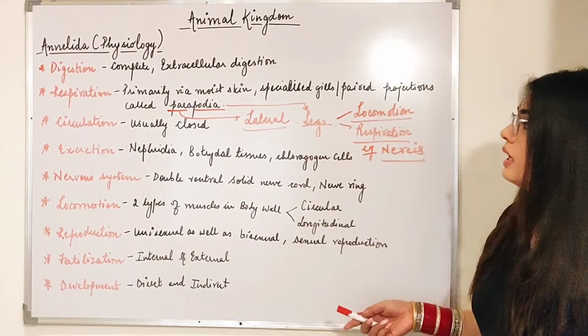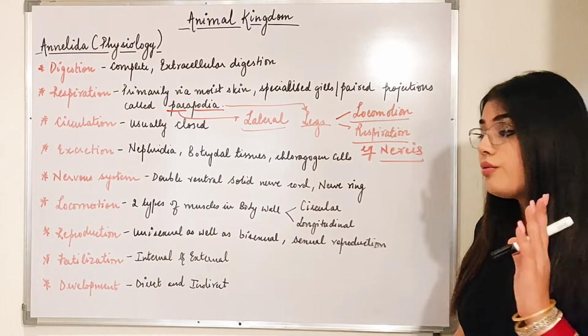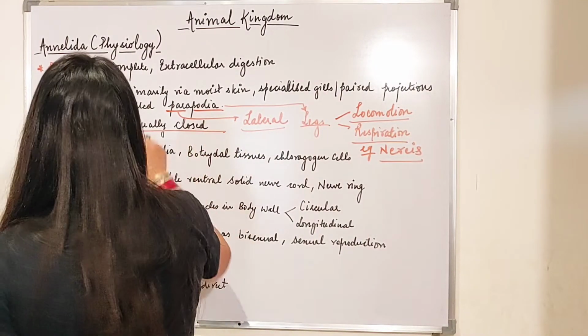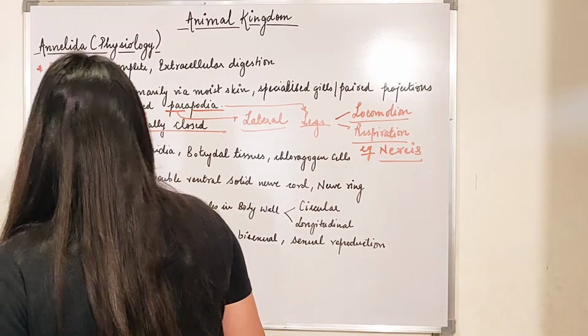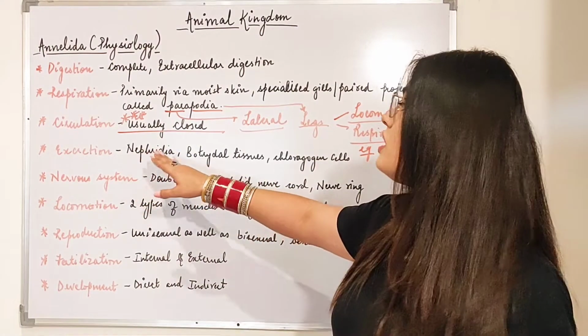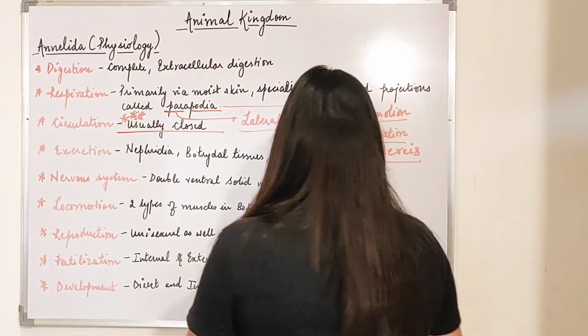Fine. So next, beta, circulation. Very important. For the first time, I put a star here, because it is the first time that we have seen a circulatory system which is closed. But there is one exception here.